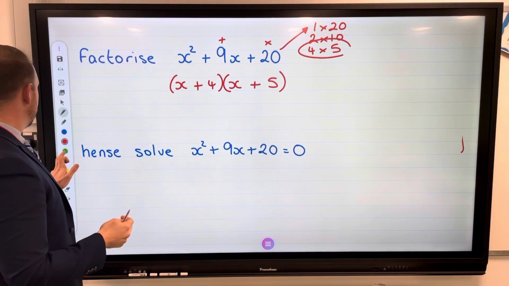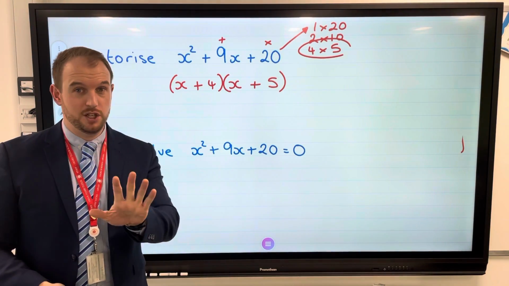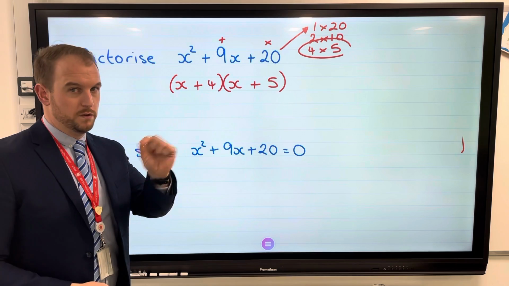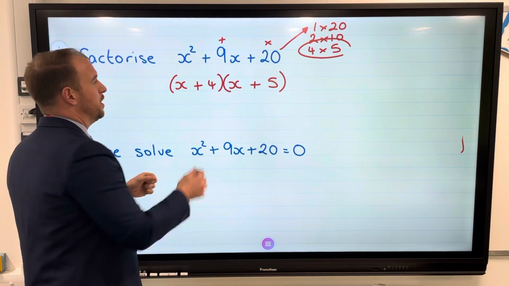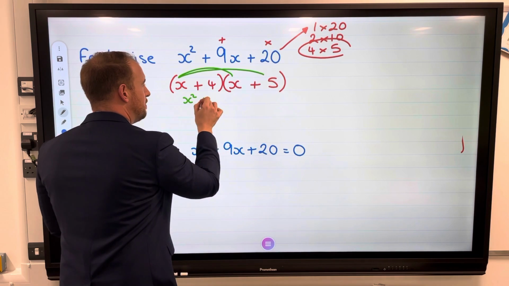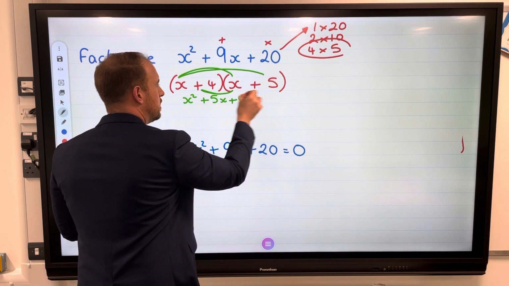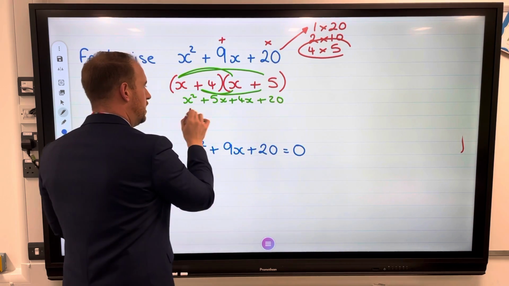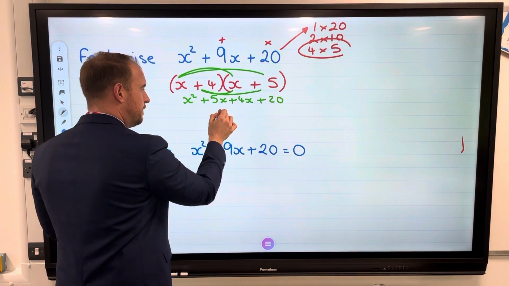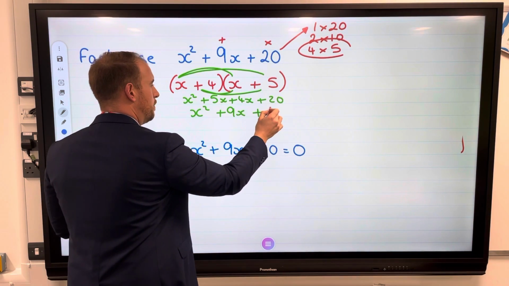Let's just check that. When it comes to a GCSE examination, you don't have to check it. I just want to show you now, just for this video, to show that has it worked. x times x is x squared, x times 5 is 5x, 4x plus 20, and you can see here then 5x and 4x is 9x, x squared plus 20.